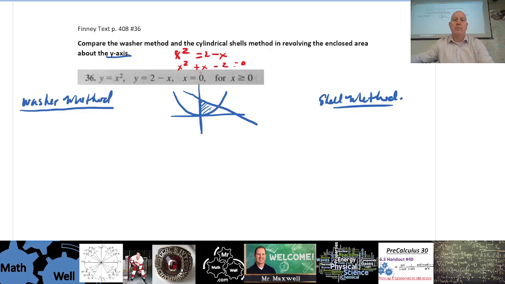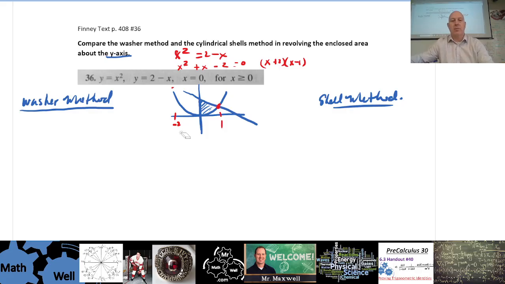So then, multiply to negative 2, add to positive 1. So we have our factors here as x plus 2 and x minus 1. So they intersect at negative 2 over here, which is outside of our region, and then here at positive 1. Okay. So x equals 1.